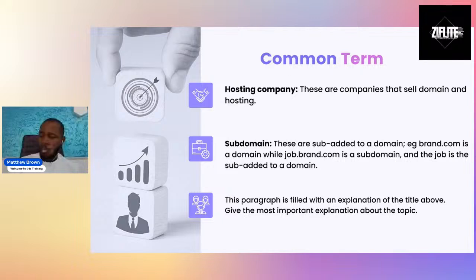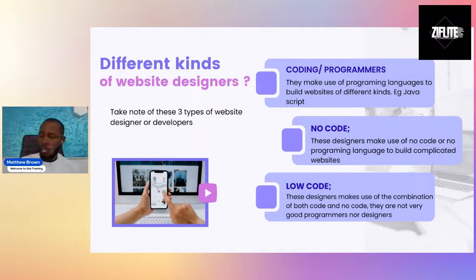Okay, that being said, I will go to the next slide. Now, this is a very important one I want to talk to you about: the different kinds of website designers, because when you start your journey into website designing, you come across this.